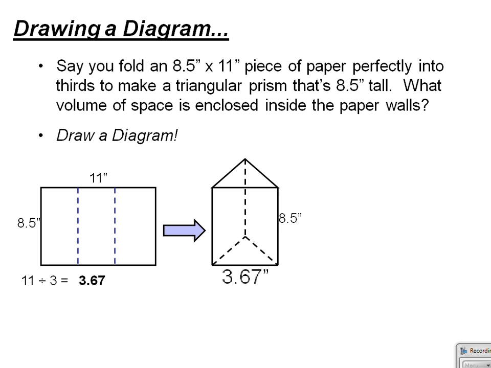Now we can use that information when we draw our actual prism. Our triangular prism still has a height of 8.5 inches and has a base of 3.67 inches in its triangular base. But in order to find the volume of a prism, we need to know the area of its base. While we know the length of the triangular base, we don't necessarily know its height yet.